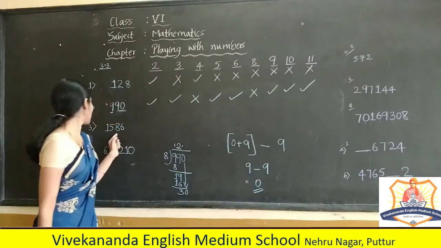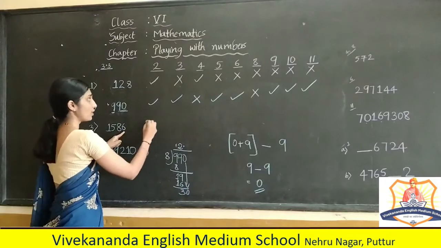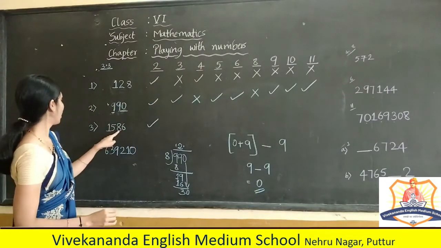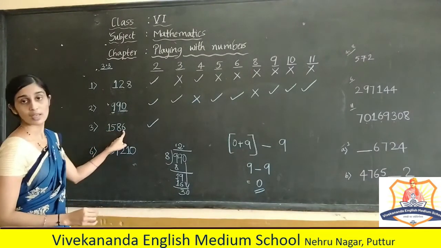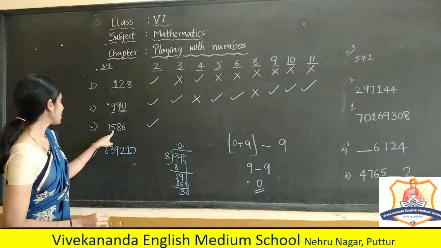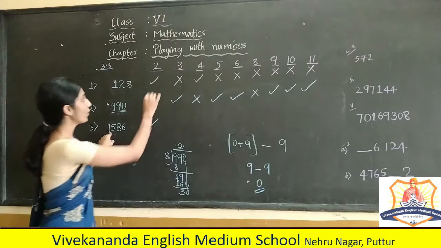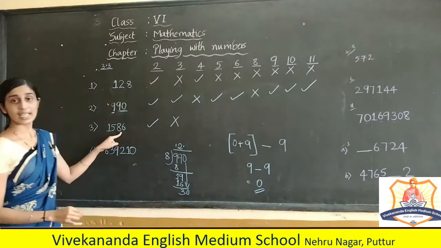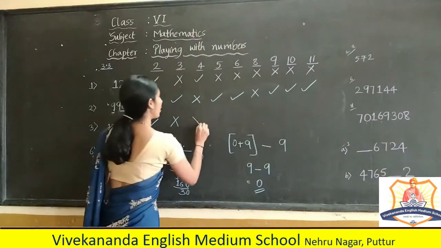So I hope you have understood, children. Now quickly, the next number ends with 6, so check divisibility by 2 and 3. 8 plus 6 is 14, 14 plus 5 is 19, 20. 20 is not divisible by 3, so it cannot. By 4: 86, no. 84, after that 88, so it cannot.